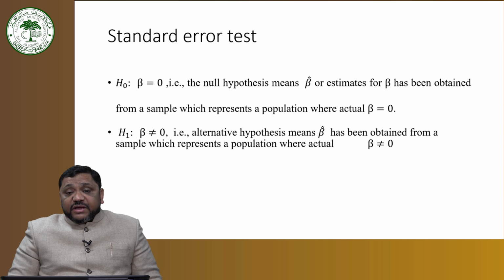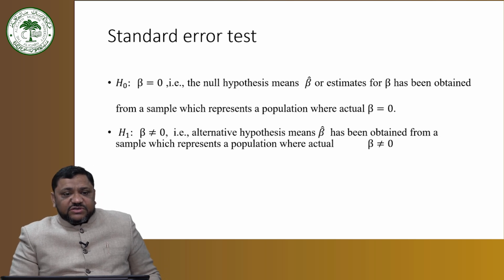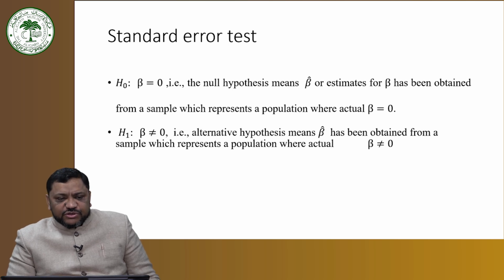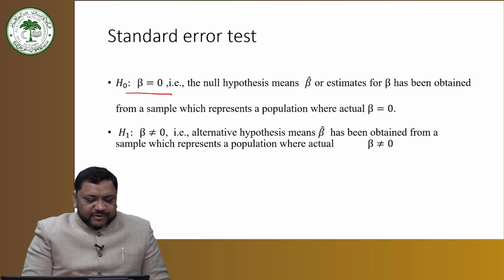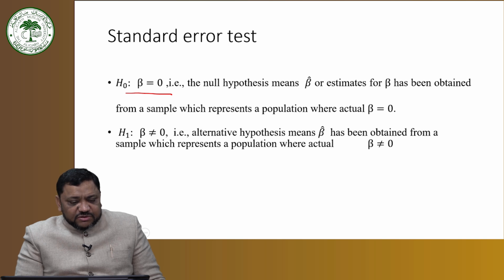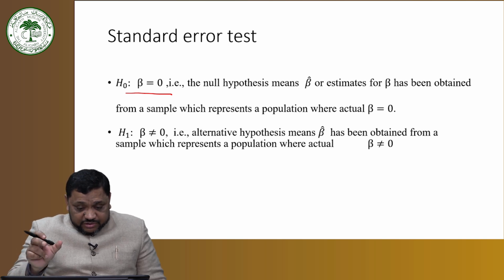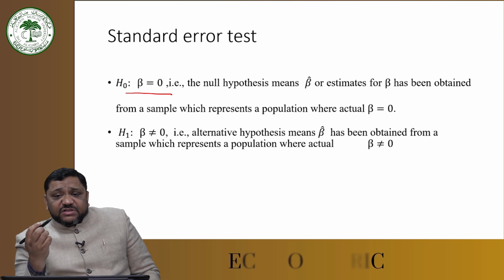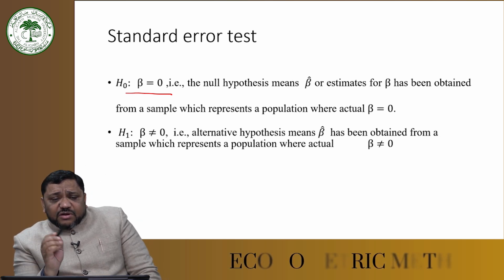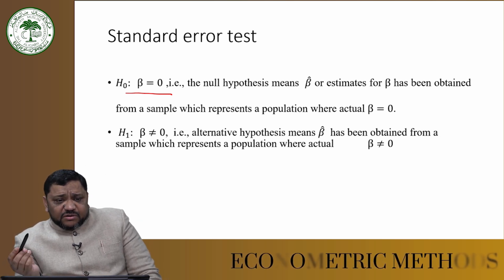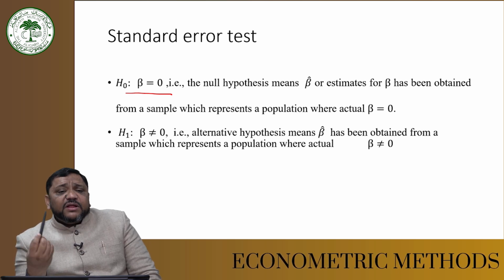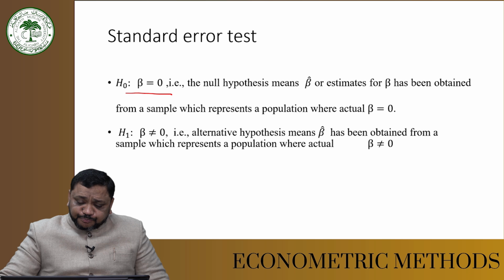If our null hypothesis, that beta is equal to 0, is accepted, it means that the sample parameter we have estimated is not explaining the population parameter.